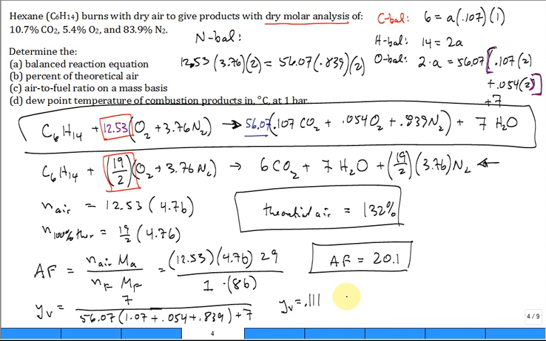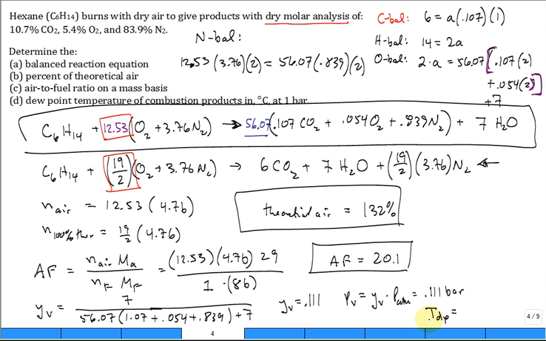So the vapor pressure is the mole fraction of the vapor times the atmospheric pressure. Atmospheric pressure is 1 bar, and so it's 0.111 bar. And then we do interpolation in the table to find the dew point temperature.